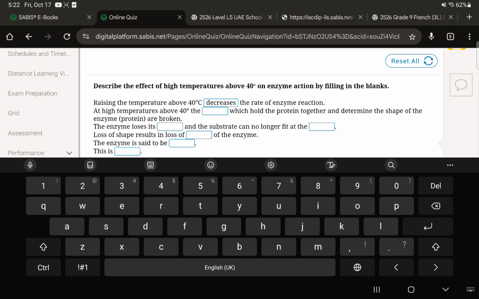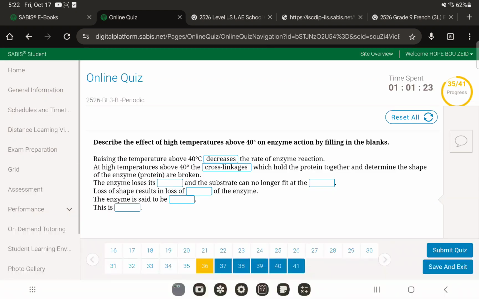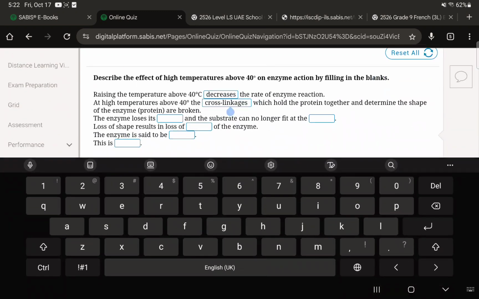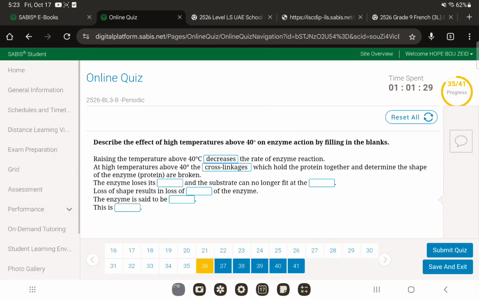So the bonds are called cross linkages, I think. I could be wrong, and I'm sure I spelled this wrong, but I'll see when I submit the online quiz.